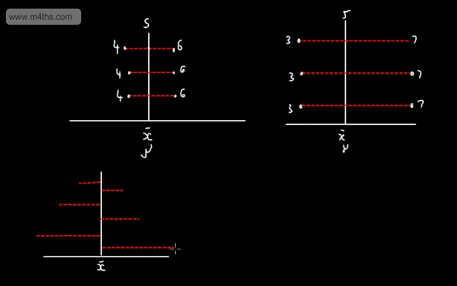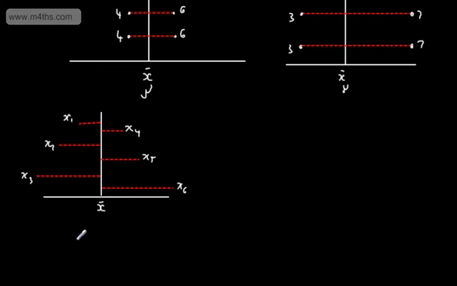So what we'd have is the following. So let's say we now have, let's say this is x1, let's say this is x2, let's say this is x3, let's say now this is x4, let's say this is x5 and x6. What we're going to do now is consider subtracting x bar from each of these. So if I did now x1 minus x bar, that's going to give me now a negative number.